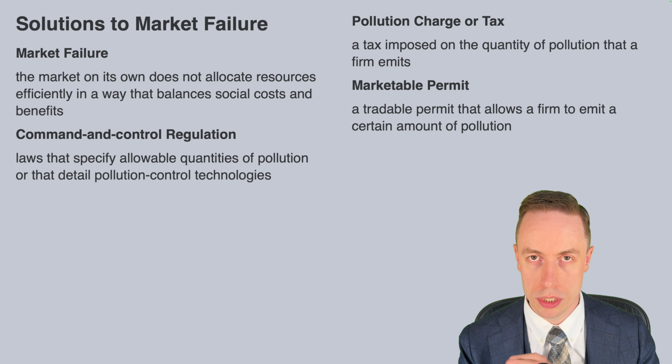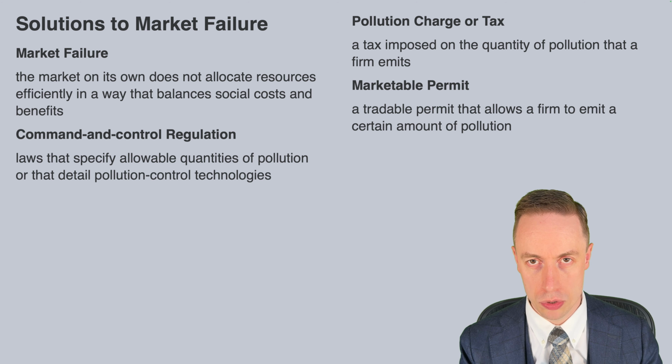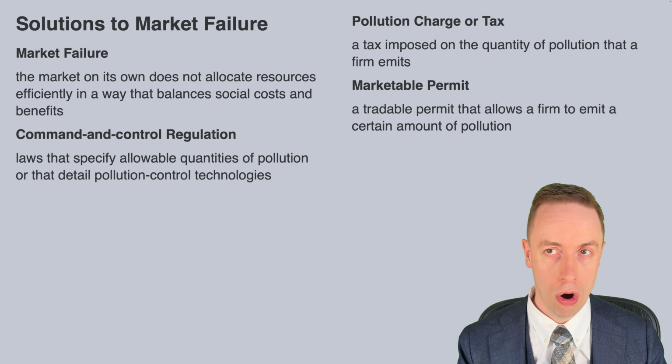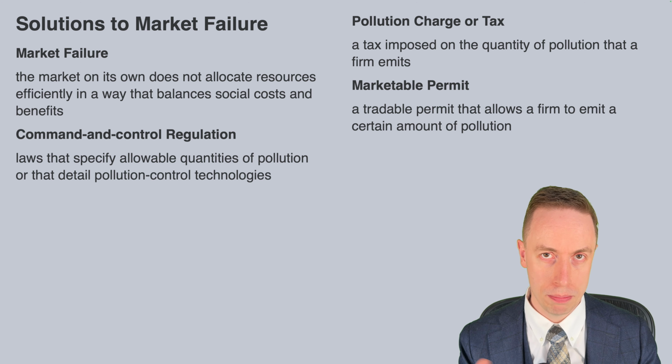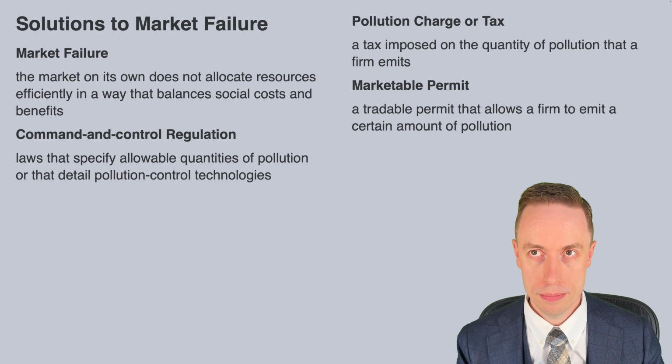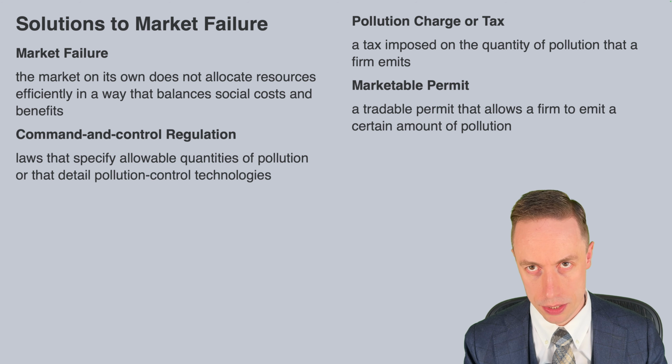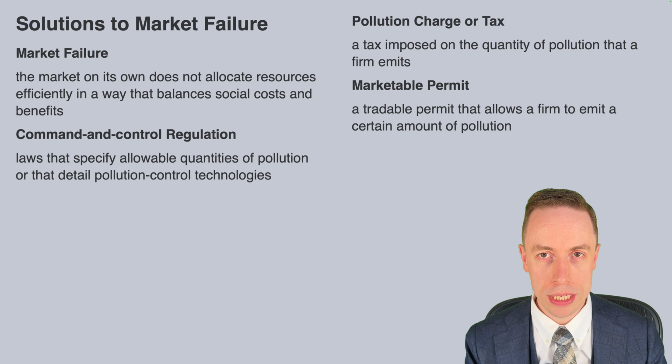And we're talking about this in the realm of pollution right now. Obviously, you could, for example, also apply that to safety regulation. Let's say you've got a high-rise window washer. You could pass a law that says all high-rise window washers must wear a helmet, for example. And then over on the market-based side of our regulation, we've got 2 major techniques.